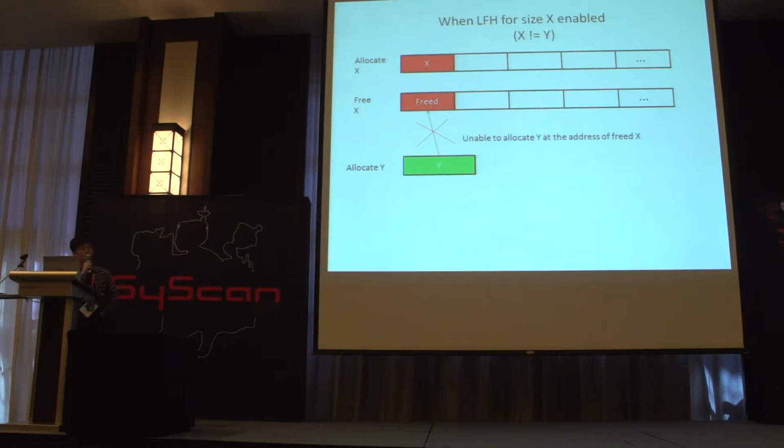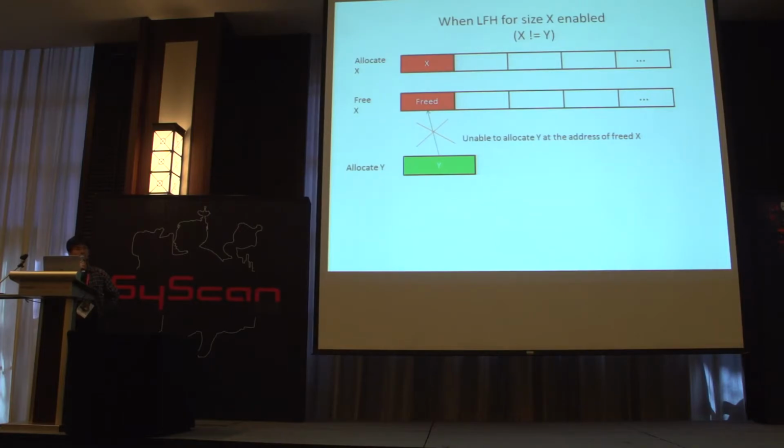So if LFH for size x is enabled and a block of size x is freed, we are not able to use another block of size y to control the content of this block unless we free all the LFH buckets in the big LFH block that contains x.